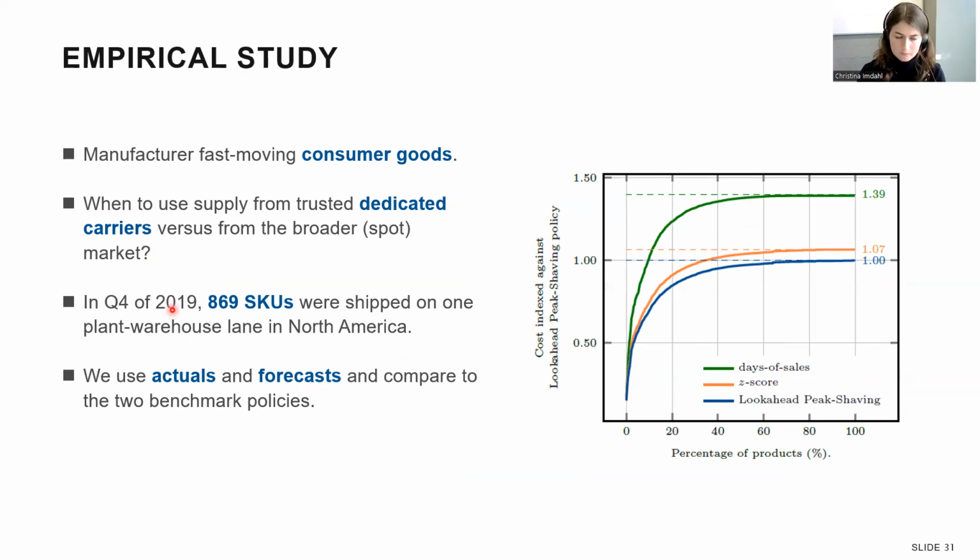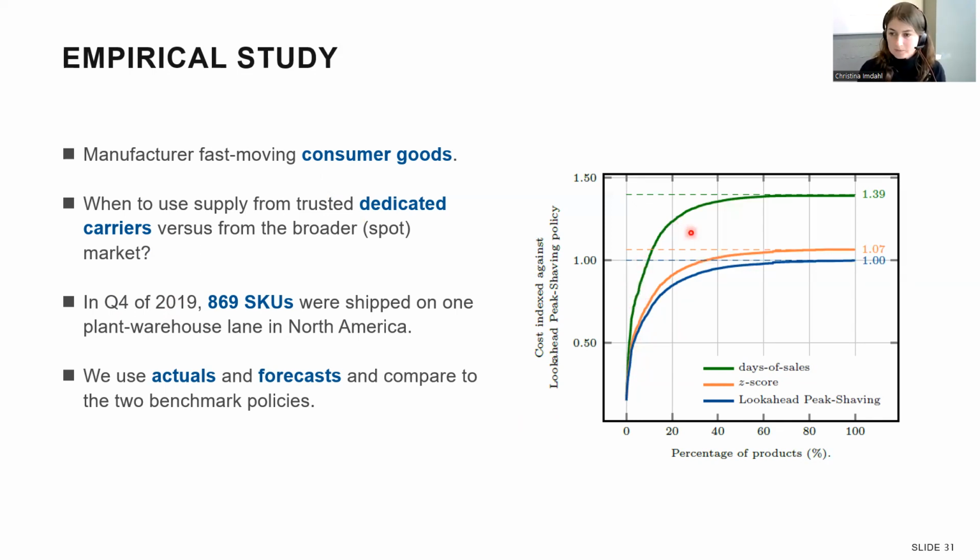And we used the actuals and the forecast they had to compare the two benchmark policies. And here we can see this is just a summary graph over all the items where we fitted the policies to, and then sorted by size.